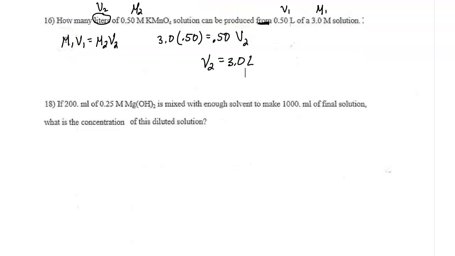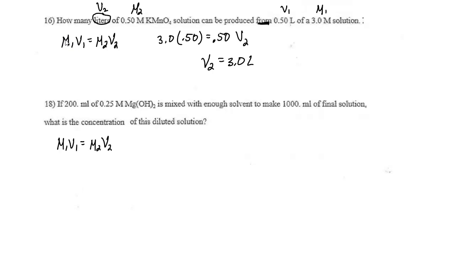And the last one, number 18. If 200 milliliters of a 0.25 molar solution is mixed with enough solvent to make 1,000 milliliters of final solution, what is the concentration of this diluted solution? It's going to be the same formula.